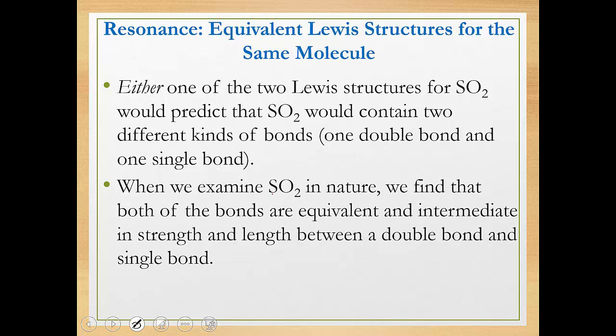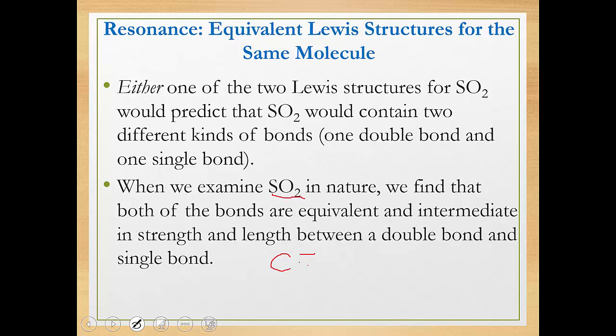But when I look at sulfur dioxide, there's really not a lot of difference between having a double bond on the left or having a double bond on the right. And when we look at it, we find that we don't really have a double bond and a single bond anywhere. What we have is like a bond and a half. They're equivalent and intermediate in strength and length. So we don't really have a way to draw that.